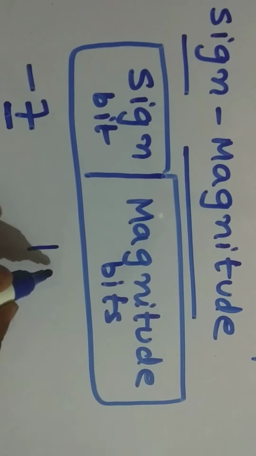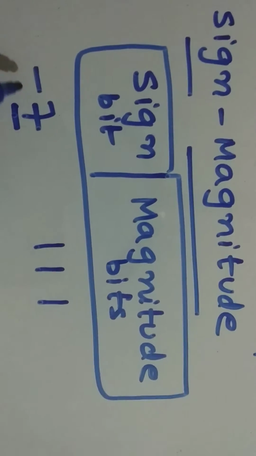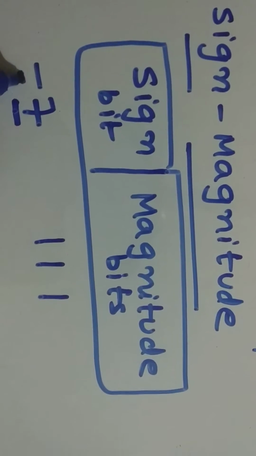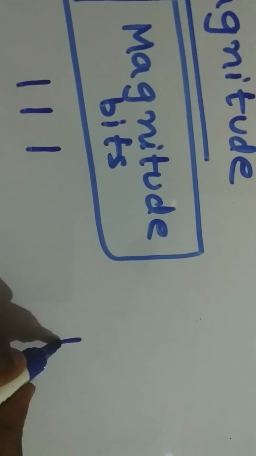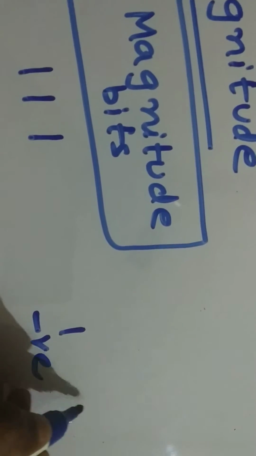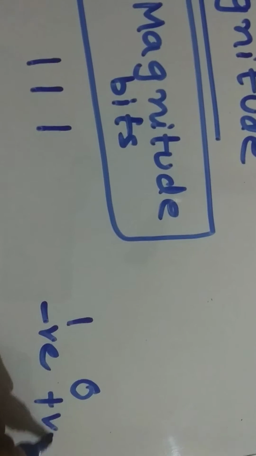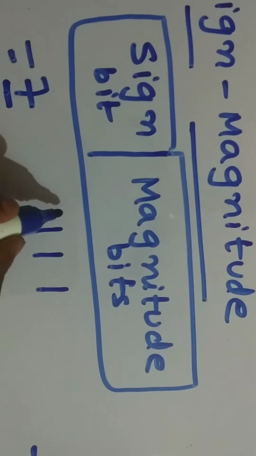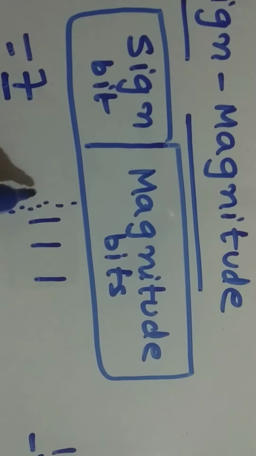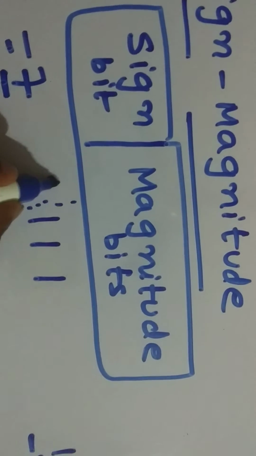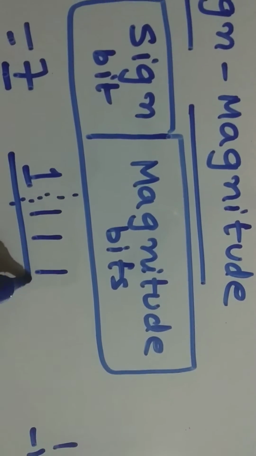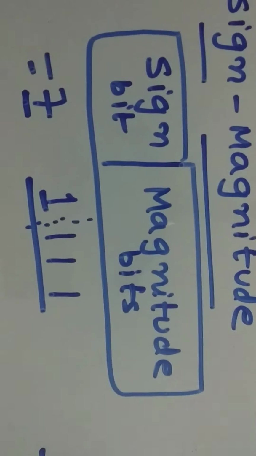As 1, 1 and 1. The sign is negative here, and as you know, 1 is for negative and 0 is for positive. So all we need to do is add an extra sign bit, which is 1. So this becomes -7 in sign magnitude form.